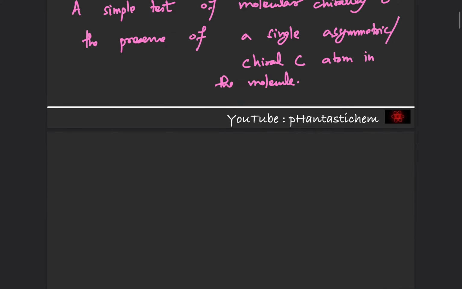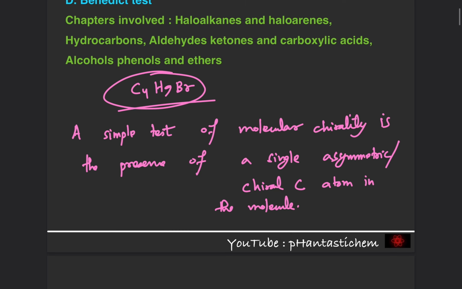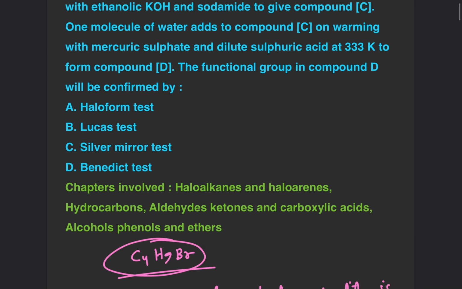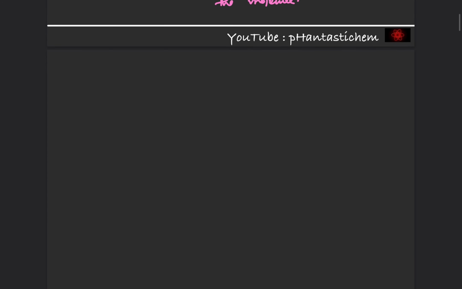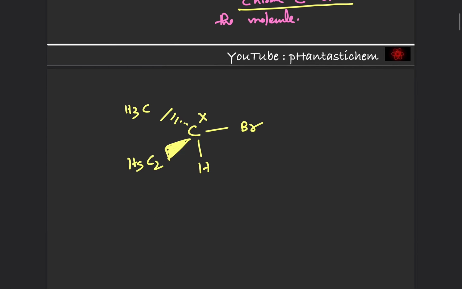Okay, so therefore the structure of optically active C4H9Br, that is this guy, will look something like this: C, CH3, C2H5, H and Br.